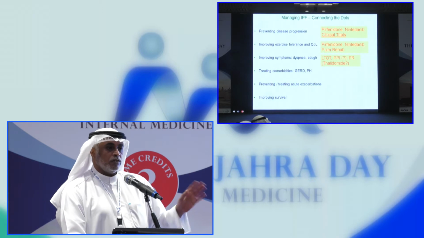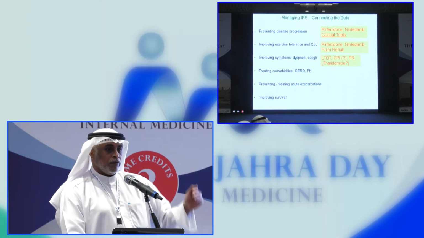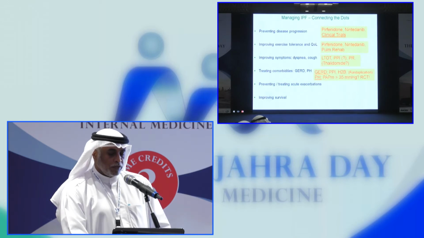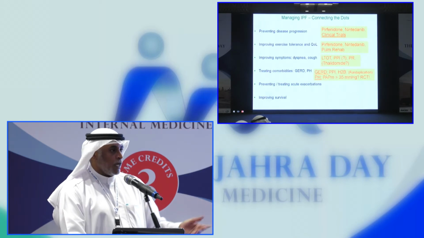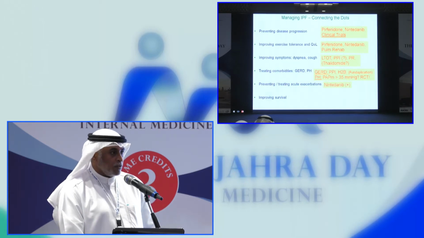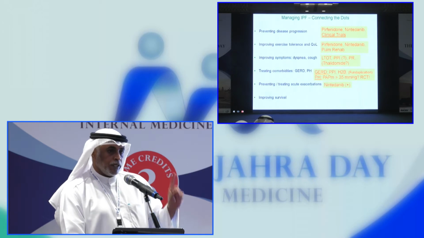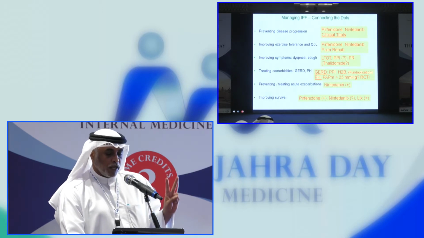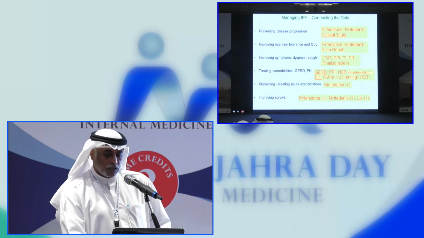There is a small trial that looked into the value of thalidomide in patients with intractable cough from IPF. Treating comorbidities: GERD, if they have it, with PPI and H2 blockers, and pulmonary hypertension. Preventing exacerbation: well proven with nintedanib only. Improving survival: pirfenidone and nintedanib, and lung transplant.